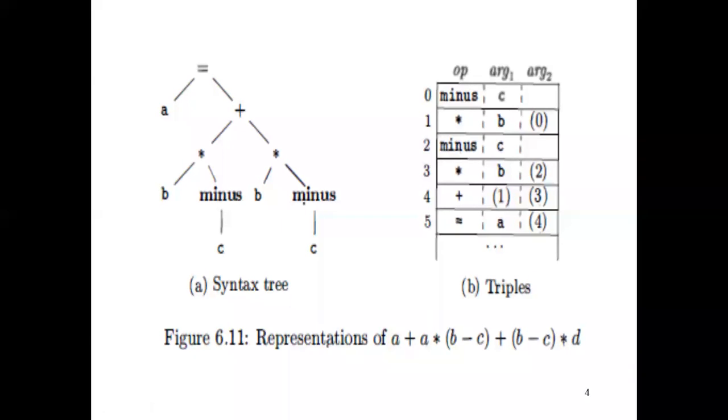Again, we will draw the table in this way and we can write it easily. Now for this expression, A star B minus C plus B minus star T, you can write the 3 address code and the quadruples and triples also. This is the given expression, and for practice you can write the 3 address code and also make tables for the quadruples and triples to indicate the 3 address code. So do practice for this expression also.